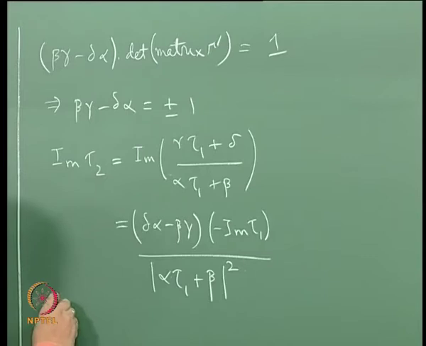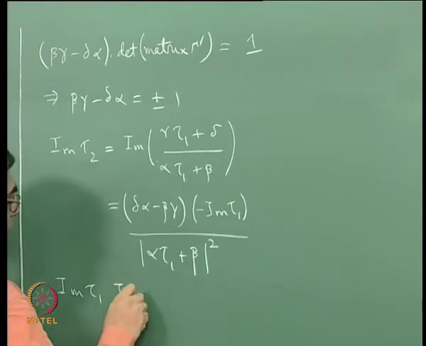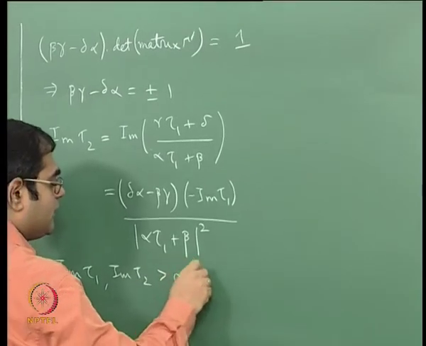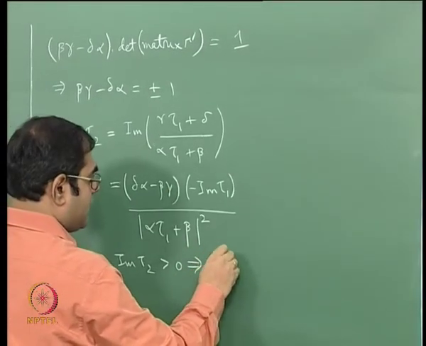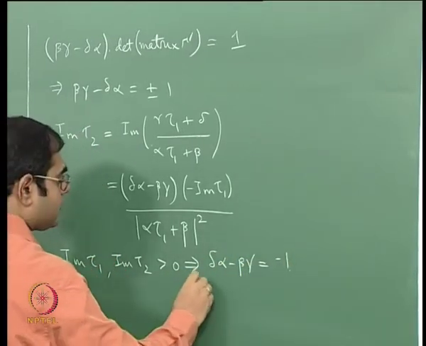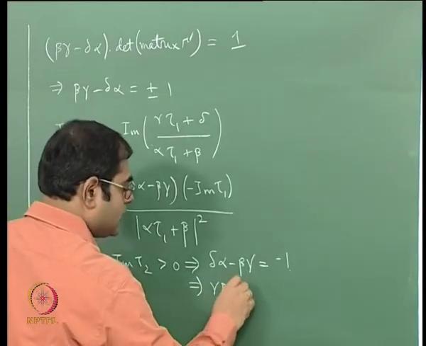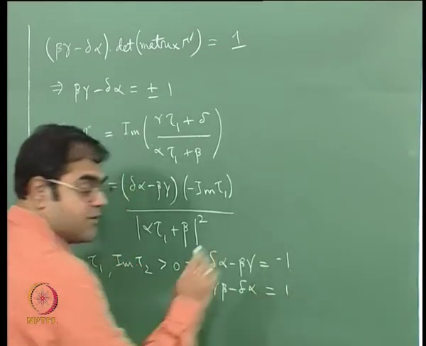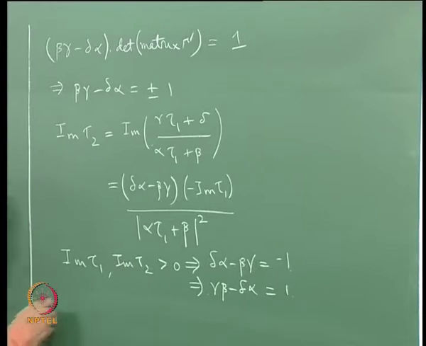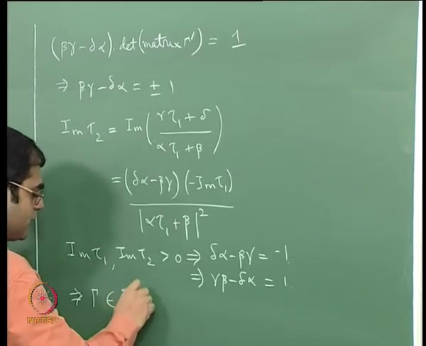So the imaginary part of tau 2 being positive will tell you that delta alpha minus beta gamma has to be minus 1, so that will tell you that, as we wanted, gamma beta minus delta alpha is equal to plus 1. So this confirms that your matrix gamma is actually an element of PSL2.